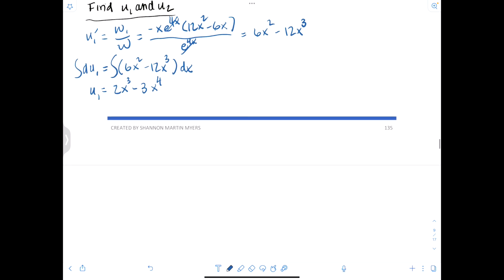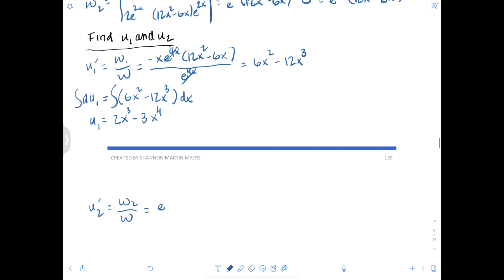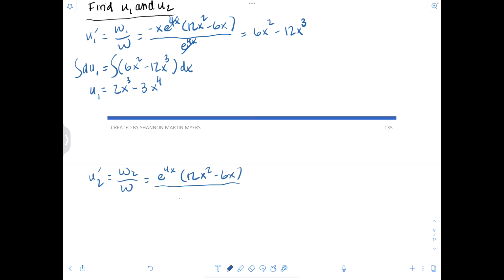All right, and our u2 prime is w2 over w, which is e to the 4x times 12x squared minus 6x over e to the 4x. The e to the 4x's divide out, and we'll just have 12x squared minus 6x.